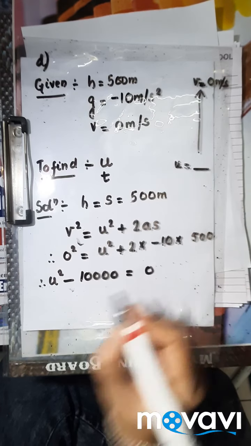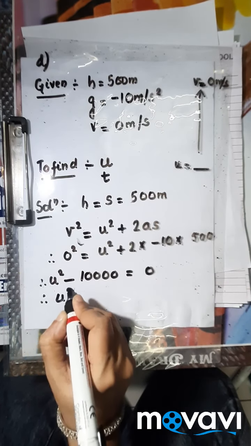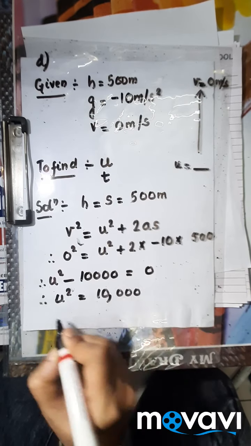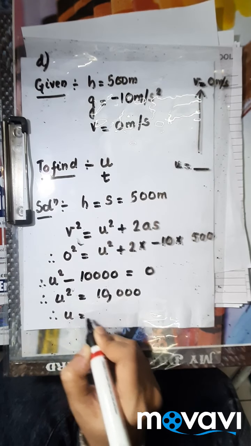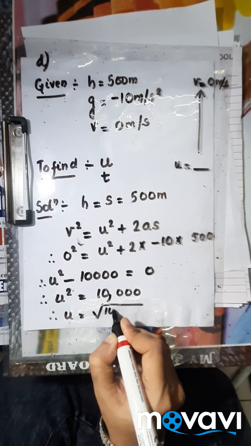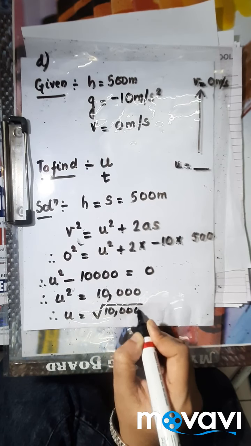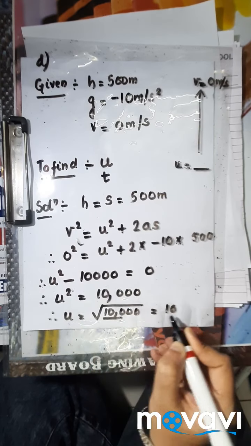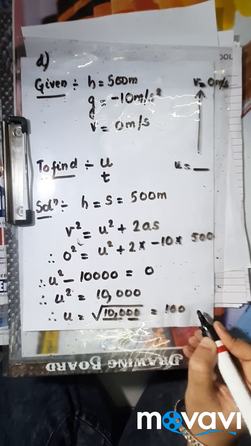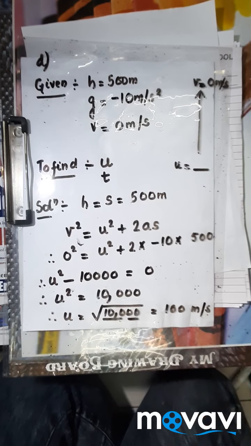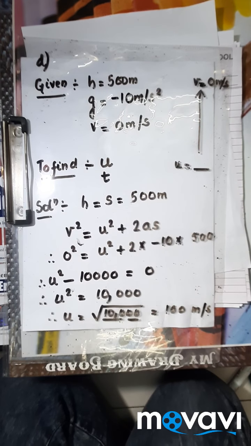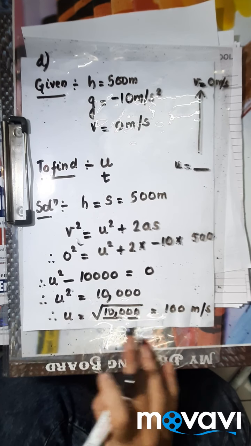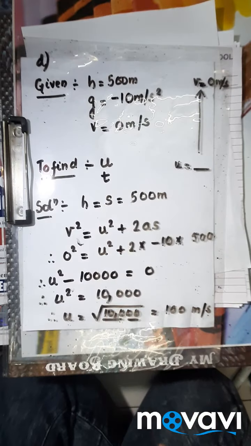So this is equal to 0. Therefore u square is equal to 10,000. Therefore u is equal to square root of 10,000. Please understand, square root of 100 is 10, and these two zeros again we put, so 100 meter per second.